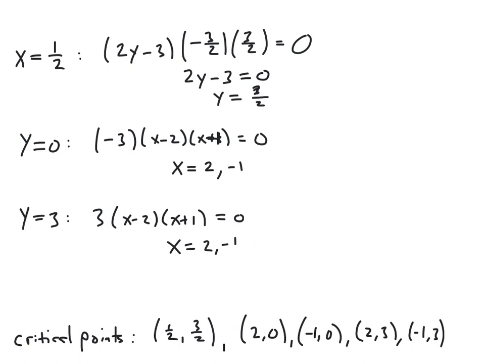We could have found when f sub y was equal to 0, then substituted each of those possibilities into the equation f sub x equal to 0, and we would have ended up with the same 5 critical points. When there are a lot of critical points like this, when there's lots of possibilities for x and y, one approach you can take is to solve one of the 2 equations, take those values and substitute them into the other, and then solve that second equation, and that should give you all the critical points.